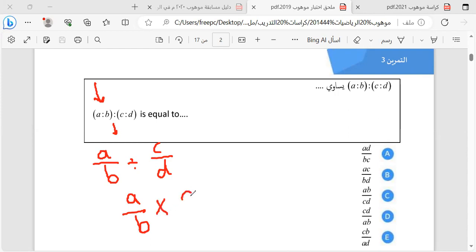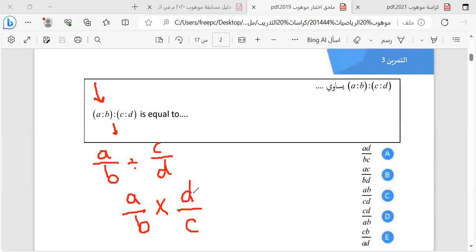And here D over what? Over C, right? Teacher, C over D, I think. Yes, you convert division to multiplication, and flip the fraction.